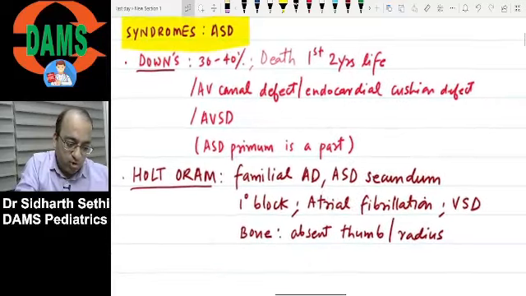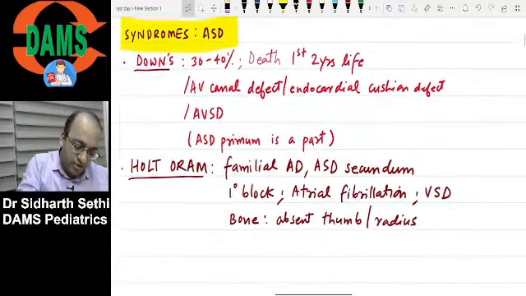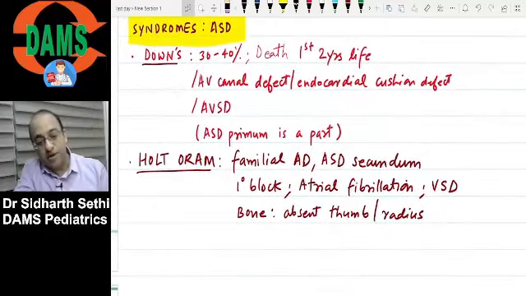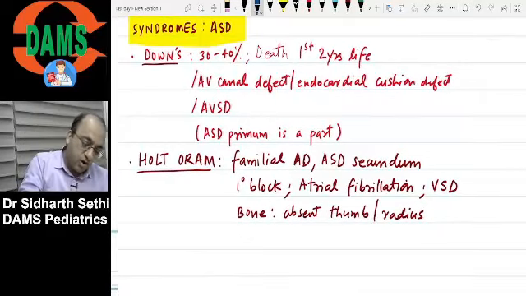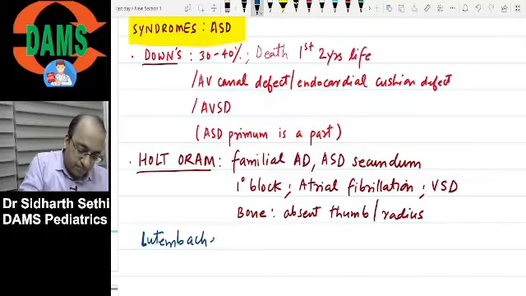You should also know about 2 more syndromes, but they are rare. Okay. Holt-Oram and Down's are very common. There is another syndrome called Lutembacher syndrome, which is ASD with mitral stenosis.